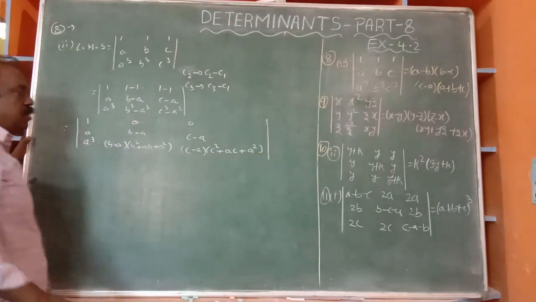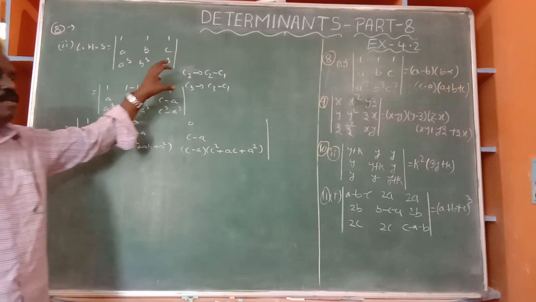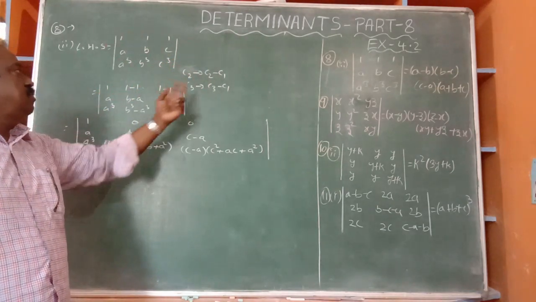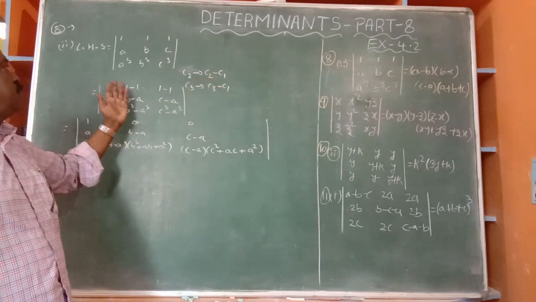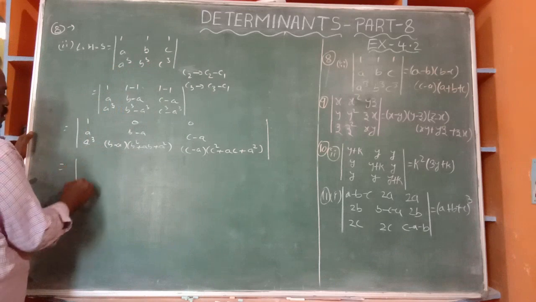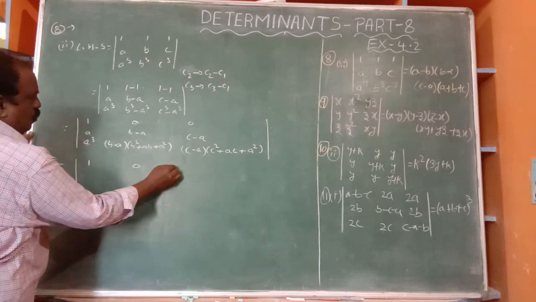Now you see that here are some operations we are using, C2 minus C1, C3 minus C1. Why? Because in order to get a 0. Now it is 1, 0, 0.